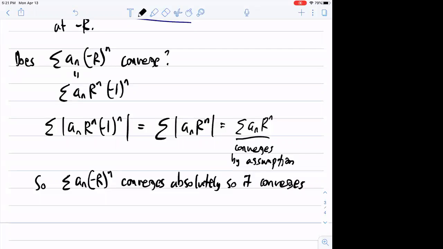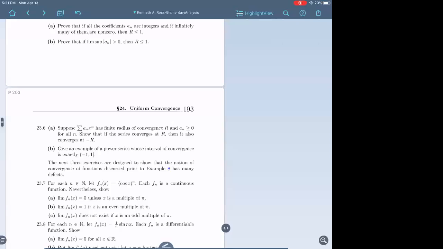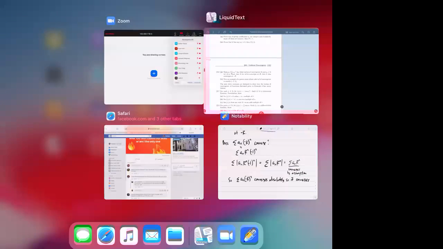So the harder part is the second part. Give an example of a series that doesn't. Here we converge at the closed interval [-r, r], right? Here they want something that converges on a half-open interval.